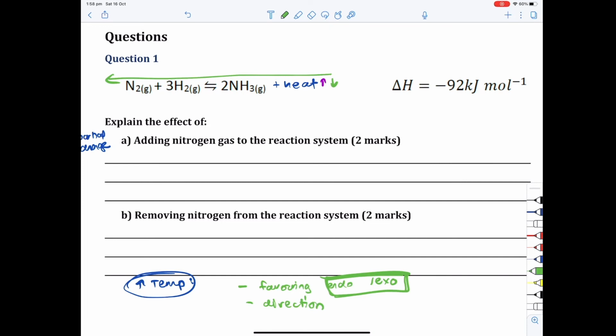If you don't mention that, then you can lose marks for temperature. Okay, so have a look at your answer and have a look at whether you've mentioned the word endo or exothermic. Can you raise your hand if you have? So hit the raise hand icon if you use the word endo or exothermic in your answer. Good, good. That's very important.